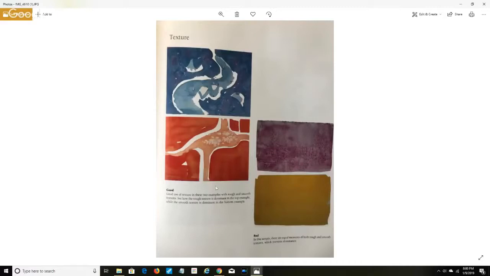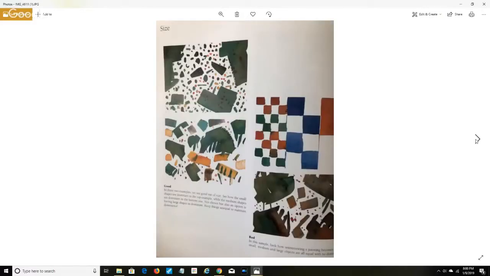Texture. So equal measures of things are not good. Asymmetry is kind of the corollary of good design. It's that golden section principle at work.